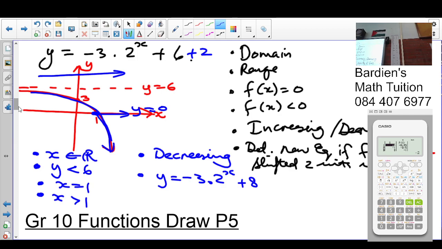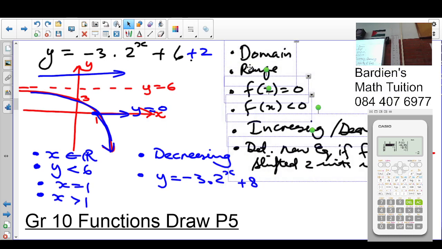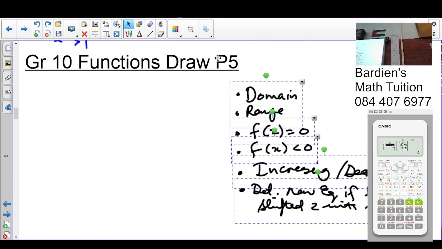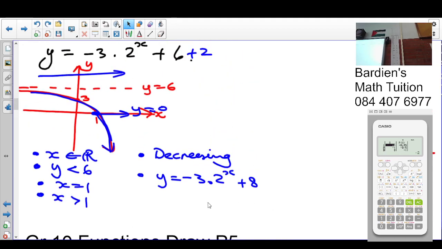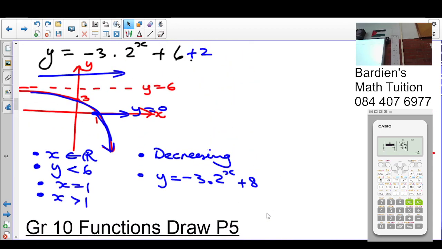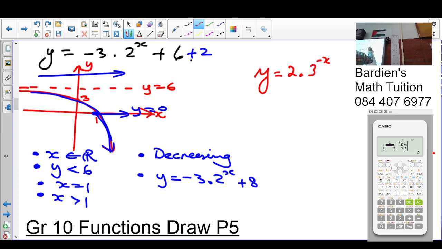So let's give you a chance quickly to do this graph. If not, why not? So we have y is equal to 2 times 3 to the negative x.